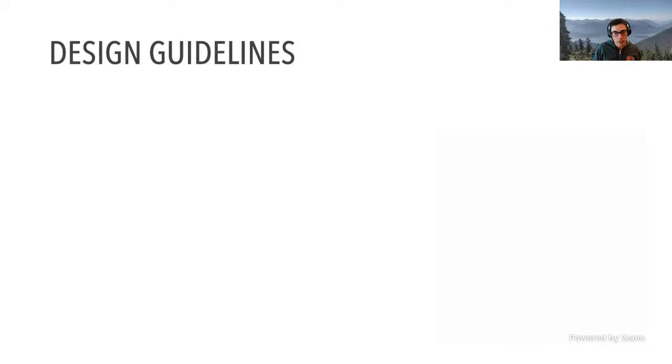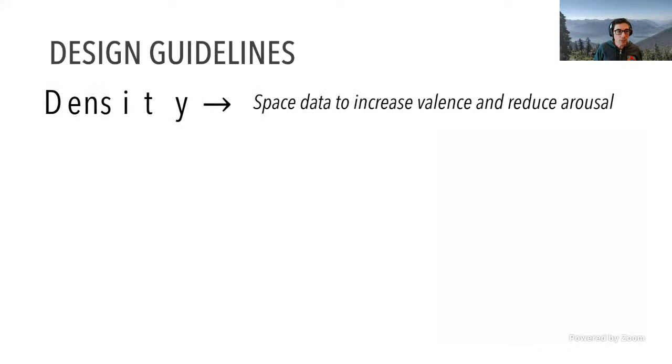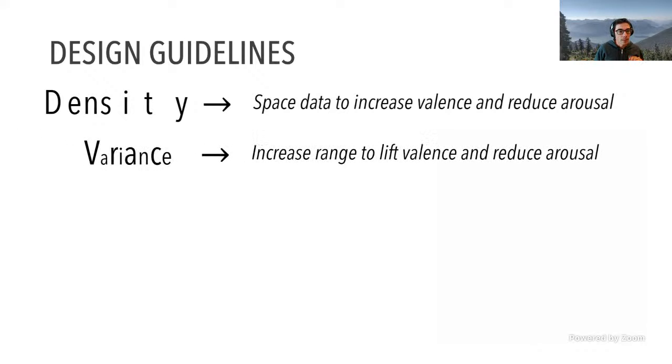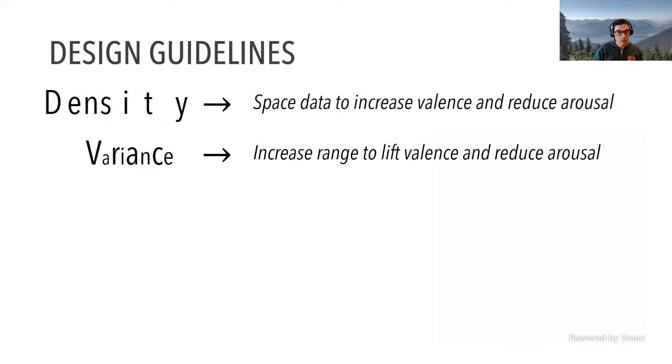Which brings us to our design recommendations. What can we do as visualization designers when we know immutable data characteristics do affect emotion, even with no semantic meaning? If possible, space data out to increase valence and reduce arousal. You can increase the range of the y-axis to increase valence and reduce arousal.